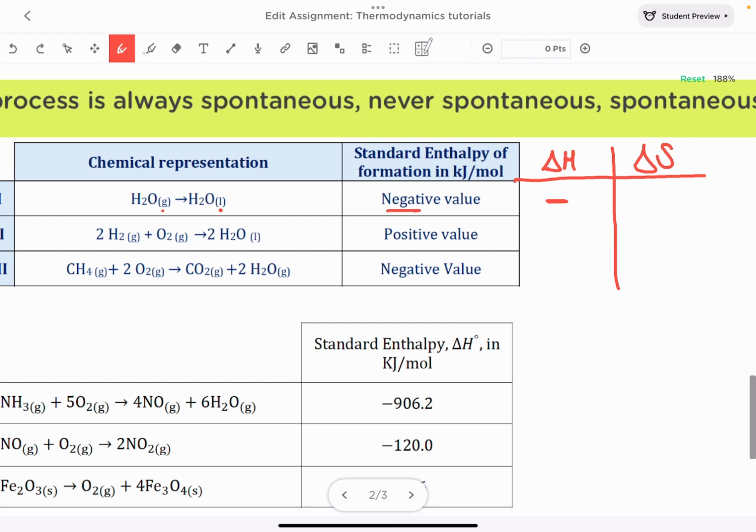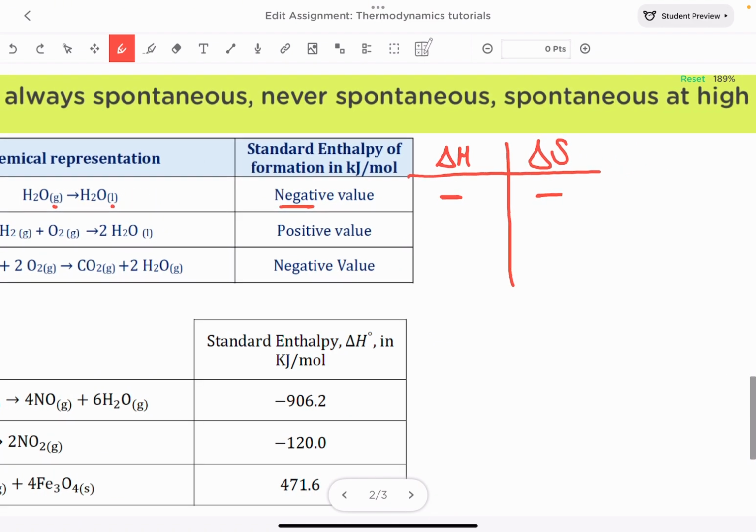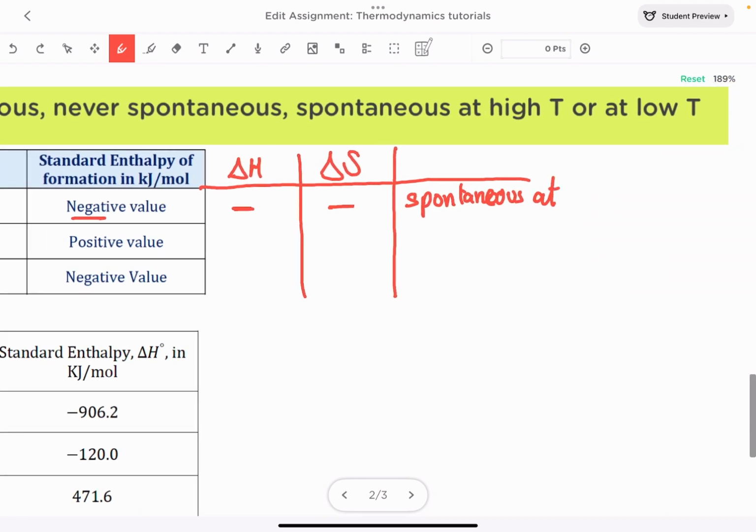However, for the entropy of a system to move from gas to liquid, entropy decreases, so entropy is negative. Now, when both of them have same signs, negative, negative, it means that this system is spontaneous at low temperature.